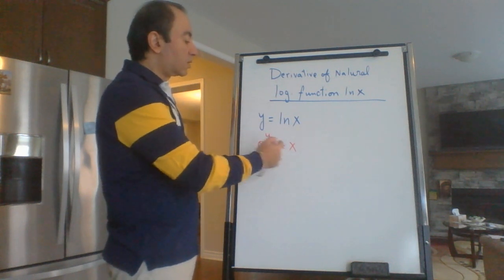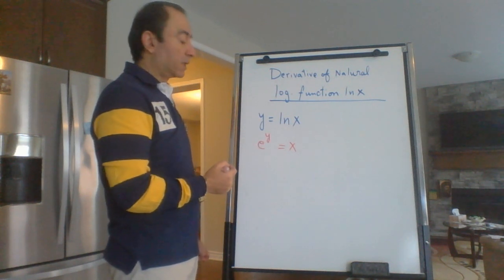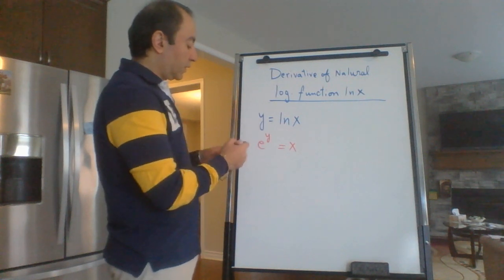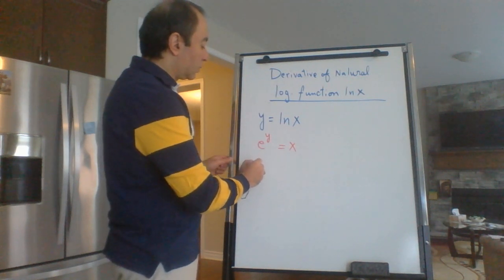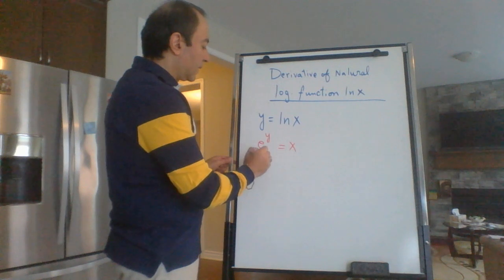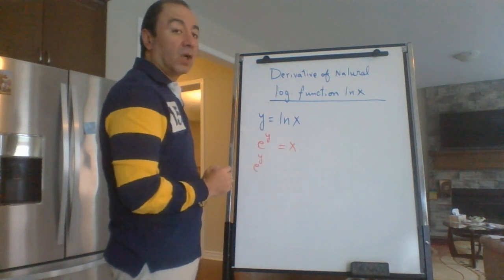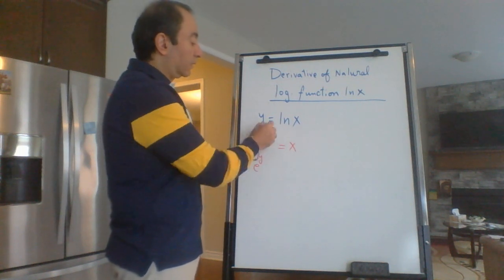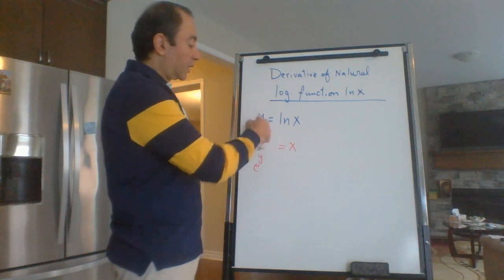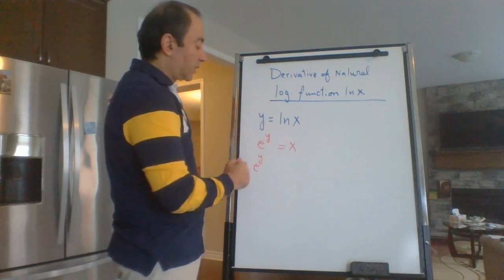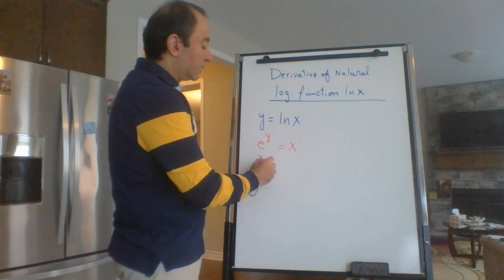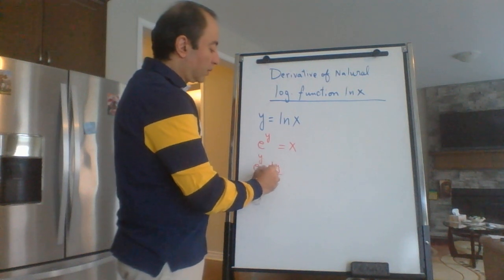Okay, now let us try to find the derivative of both sides. The derivative of e to the power of y is e to the power of y times the derivative of the function on the top, f prime, which is y prime here. So this would be dy by dx or y prime.